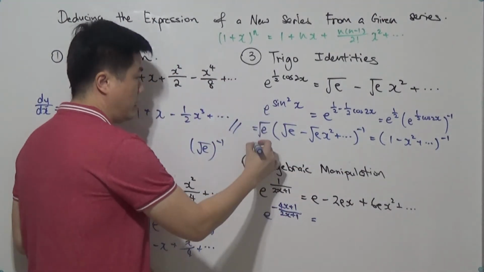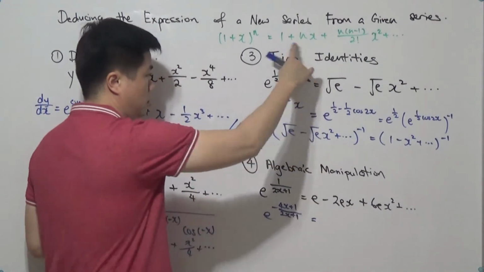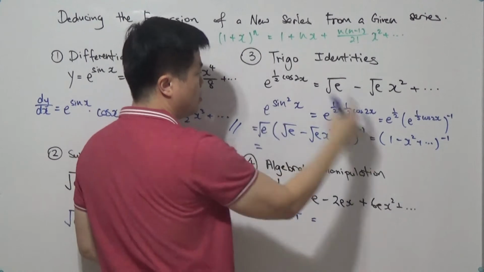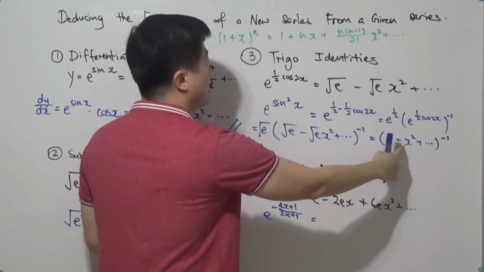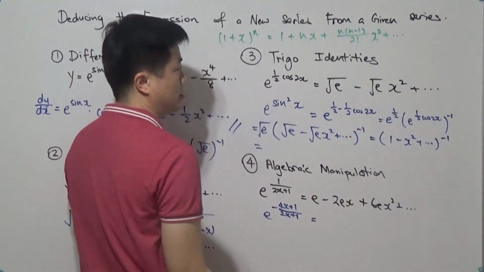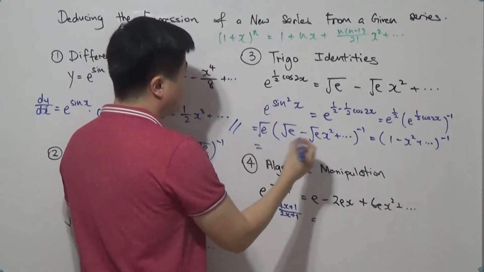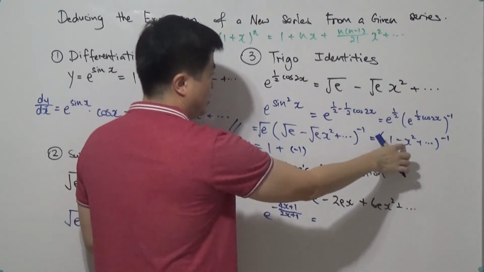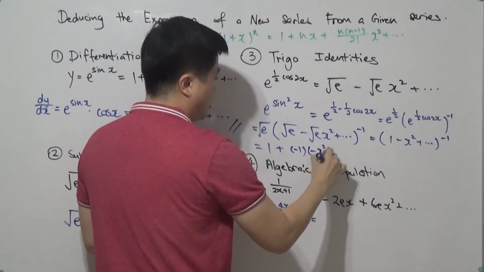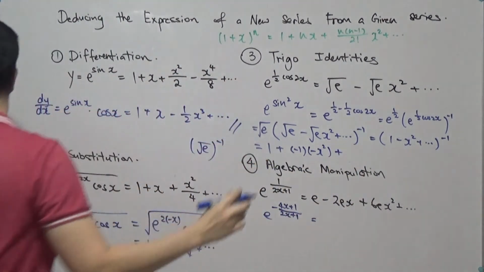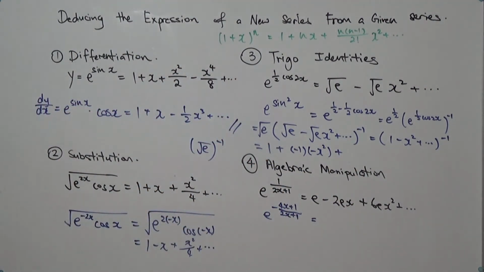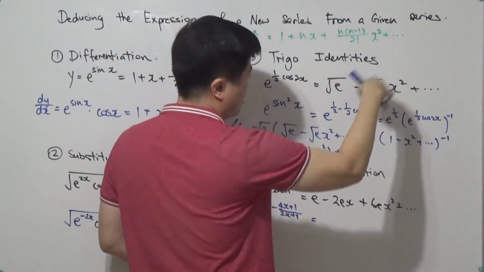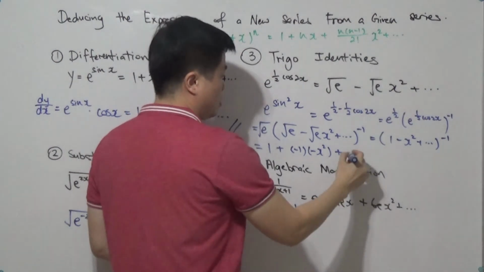So let's go ahead and use this to expand this. We have 1, which is the 1 here, then the x we're going to replace with minus x squared, and our n value is minus 1. So we have 1 plus n, which is minus 1, times the x replaced with minus x squared, then plus, the question only asks us to do up to x squared, so I'm going to just leave it at that, because the next term, when you have minus x squared, is going to give us x to the power 4, so that's not required.